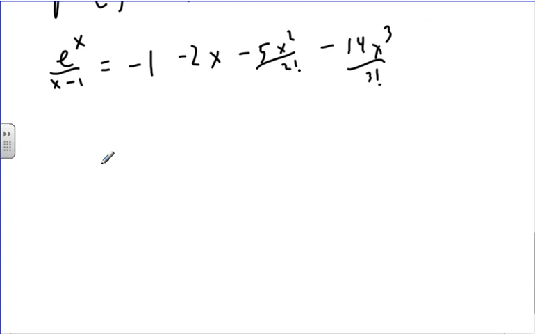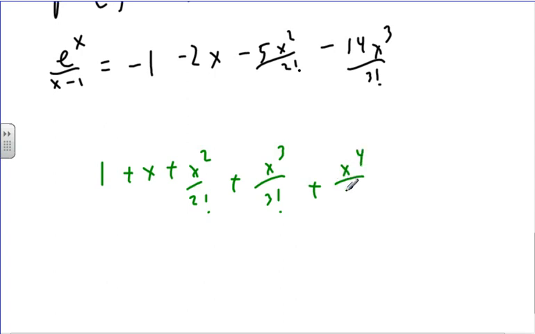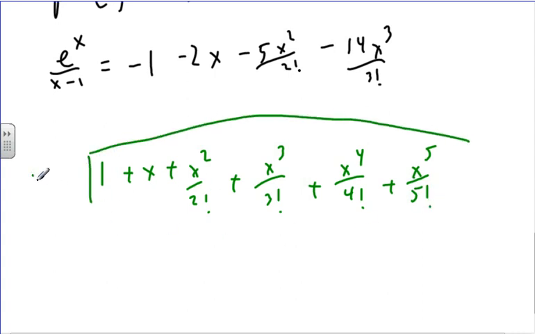e to the x is 1 plus x plus x squared over 2 factorial plus x cubed over 3 factorial plus x to the fourth over 4 factorial plus x to the fifth over 5 factorial, and I'm dividing by x minus 1. I'm going to rewrite that in a different order, as minus 1 plus x.